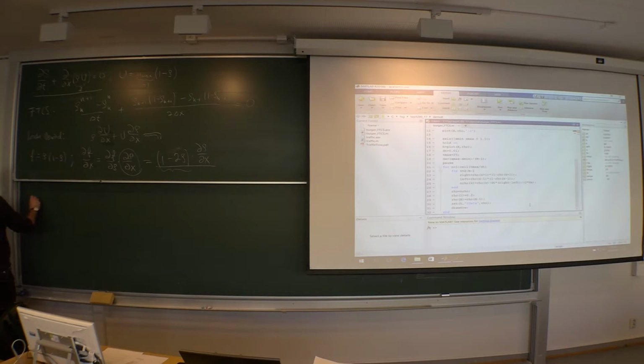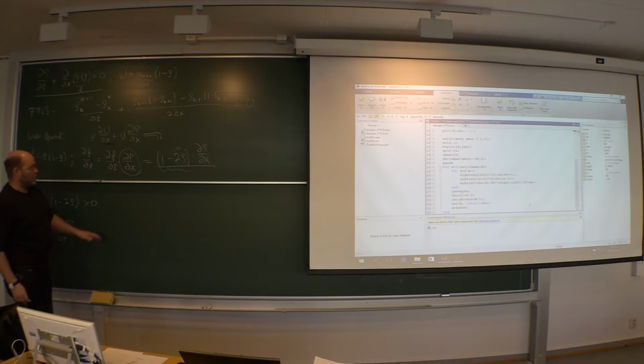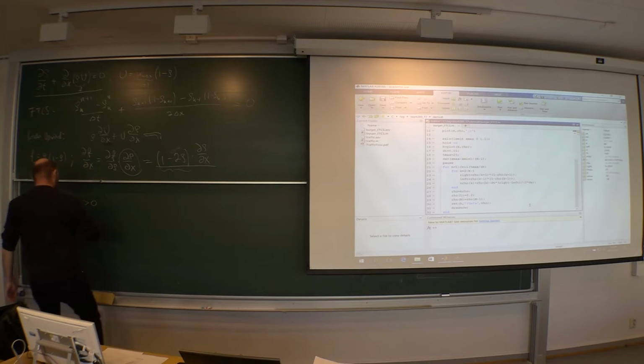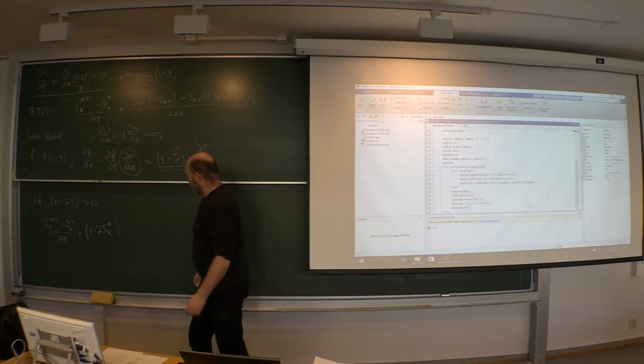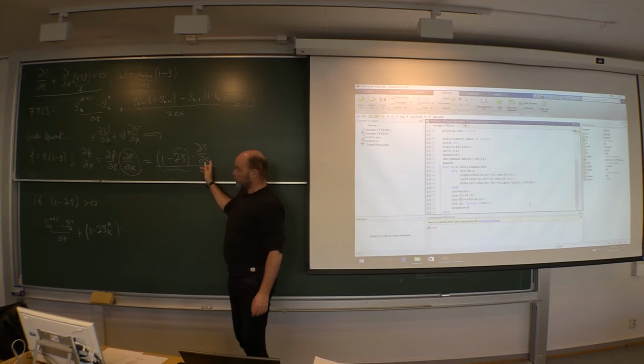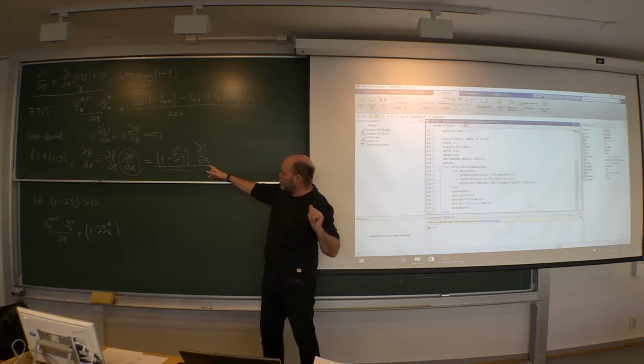So what will we have? If this velocity 1 minus 2 times density, if he is positive, sort of moving to the left, then my recipe will be forward in time, rho k n plus 1 minus rho k n over delta t plus, and then we will have this one in front, 1 minus 2 times rho k time level n multiplied with, and then comes the ordinary derivative, but discretized as an upwind.